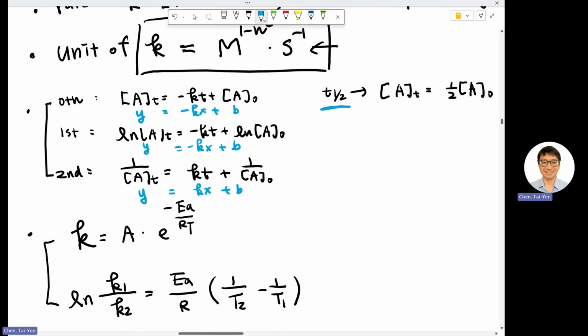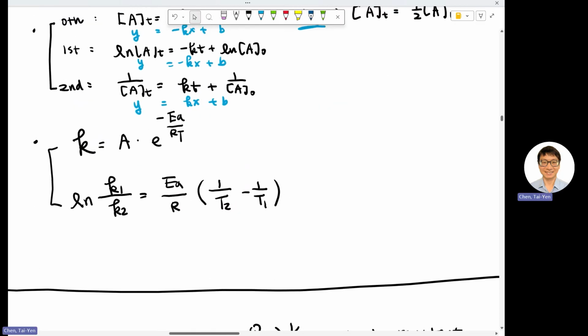And then you also need to know, when we talk about the half-life, that means at a specific time t, the concentration A(t) will equal 1/2 of your A0. Then we start to talk about how the kinetic rate constant k is related to the activation energy and the temperature.